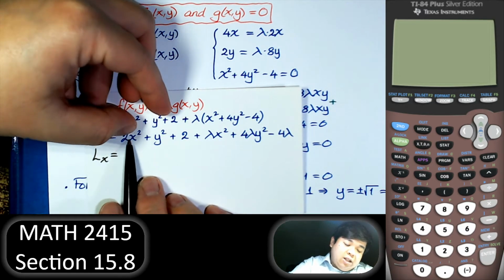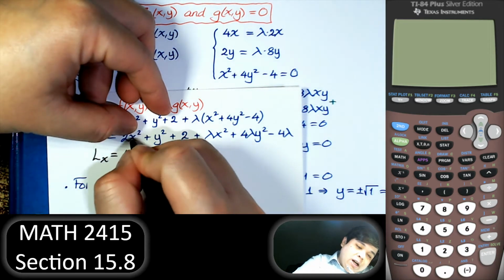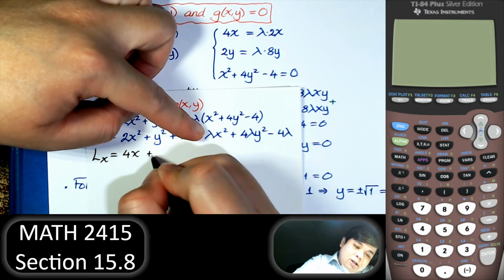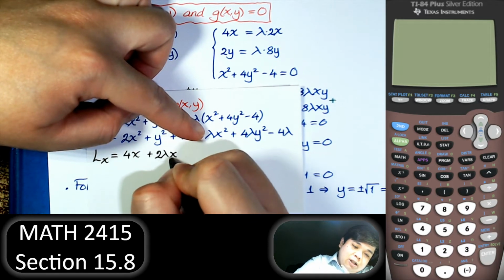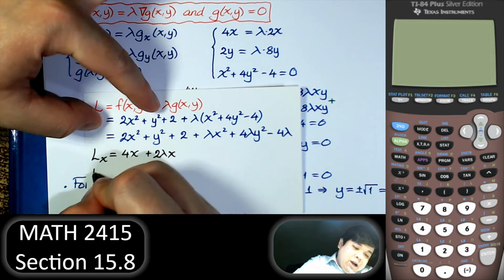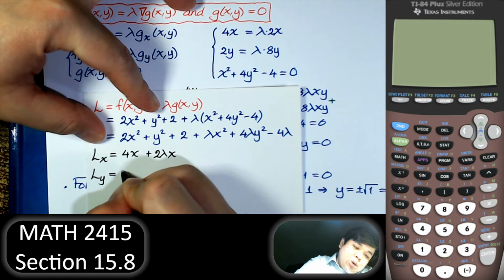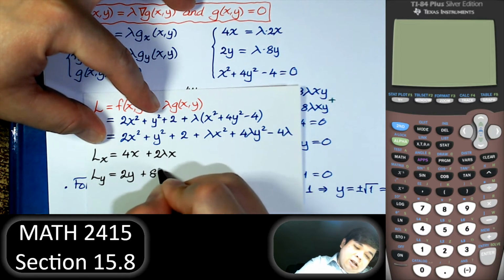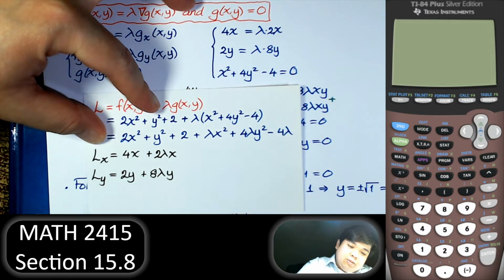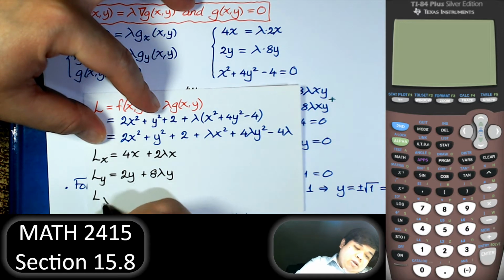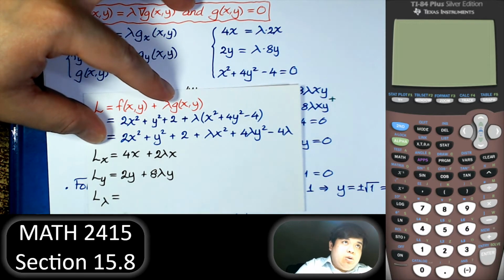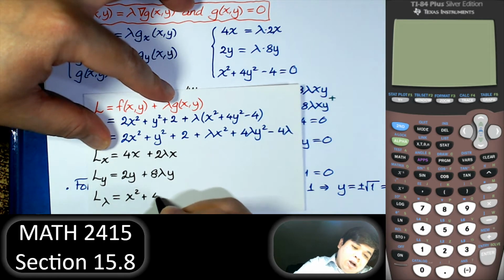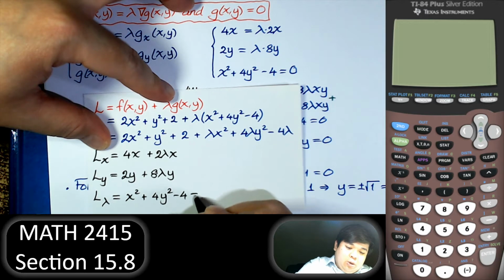Derivative of L with respect to x, that will be 4x plus 2 lambda x. Derivative of L with respect to y, 2y plus 8 lambda y. And then derivative with respect to lambda equal to x squared plus 4y squared minus 4 equal to 0.